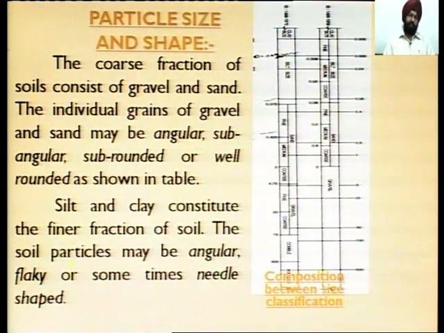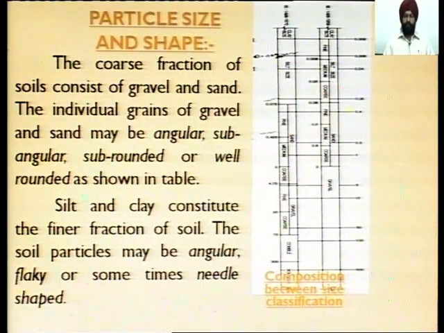This is the chart diagram that shows the particle groups according to the size of the particles. From the bottom, the first group is known as boulder, 300 mm and above in size. From 300 to 75 mm is known as cobble.